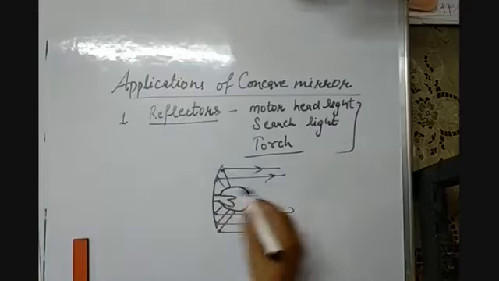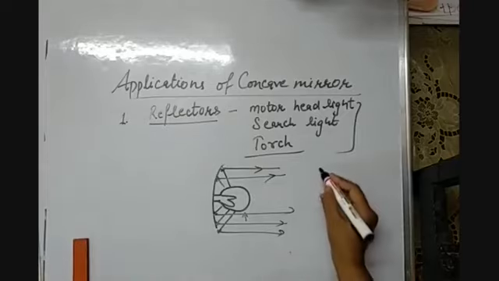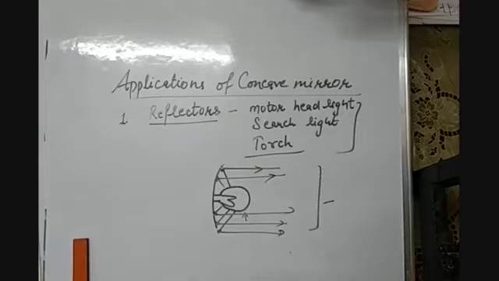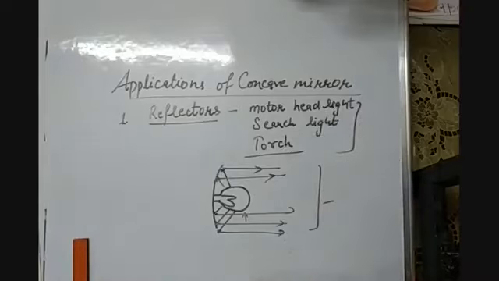So this way we are going to get a focused light which is used in motor headlights, searchlights and torch. This parallel beam of light is used to illuminate the road ahead of the vehicle.